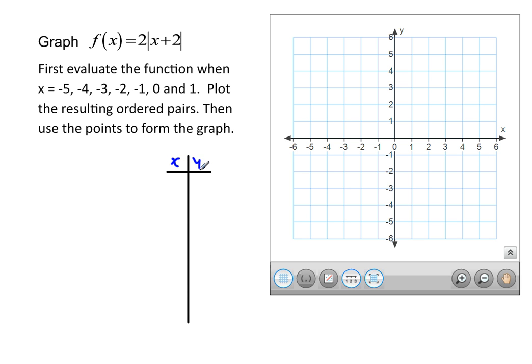And the values of x we said we wanted to use are negative 5, negative 4, negative 3, negative 2, negative 1, 0, and 1. Okay, I'm kind of spreading that out. But let's pause right now. Let's have you work this out and get your table. And you can compare it to mine here.